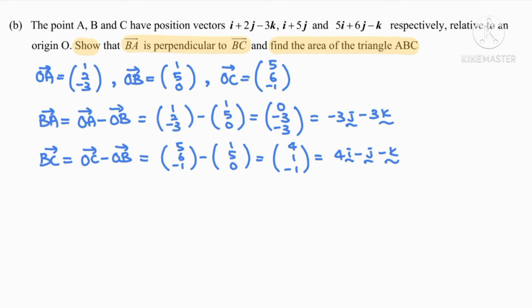Now, we are going to show that these two vectors are perpendicular by using the dot product. So we take vector BA dot vector BC.